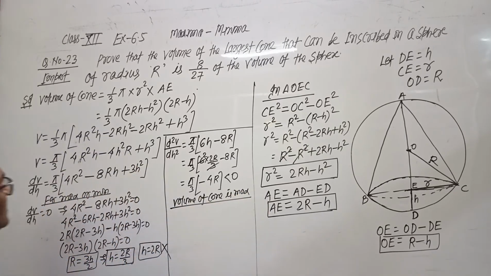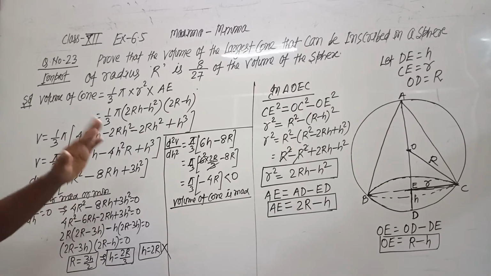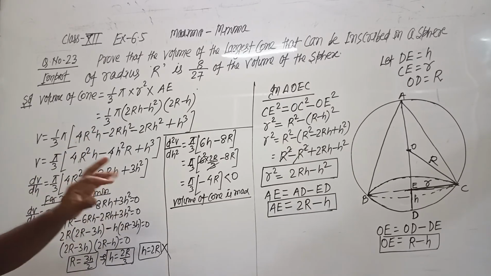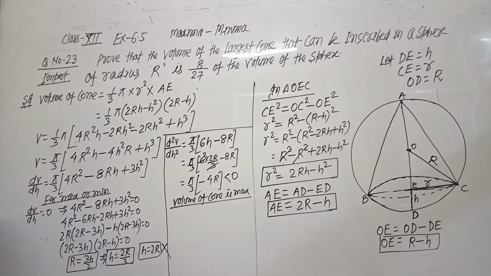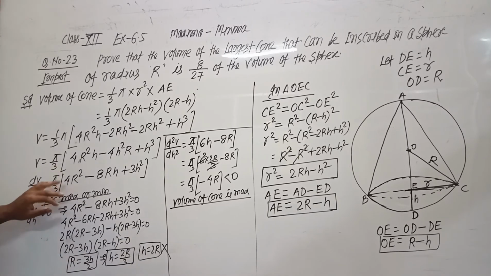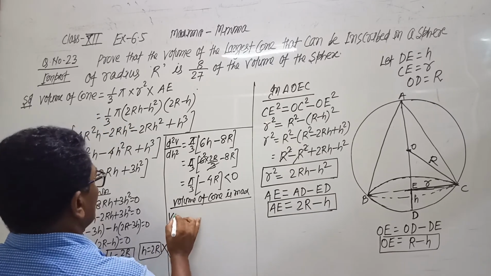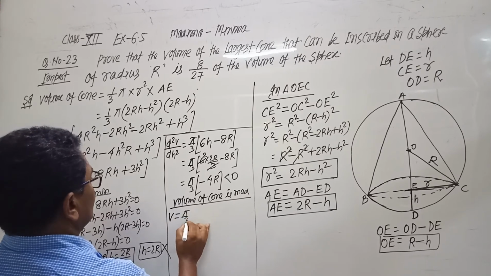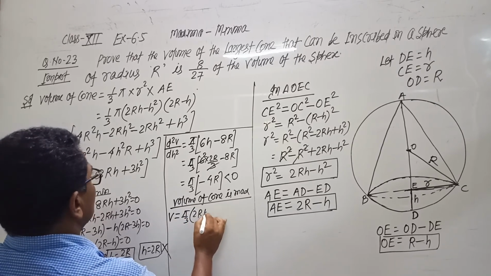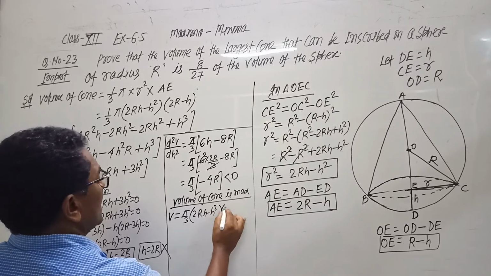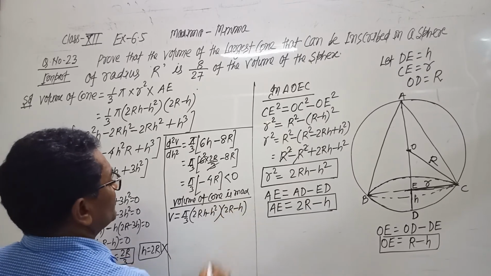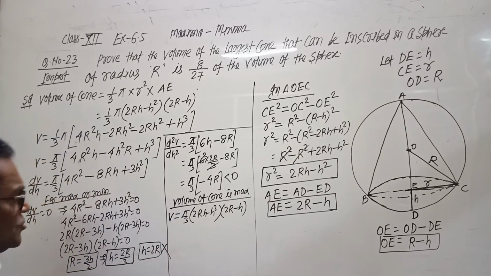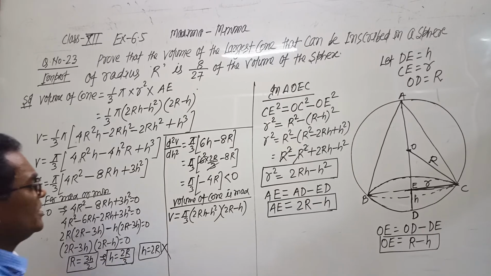Now we have to show that the volume of the cone is 8 by 27 times the volume of the sphere. The initial formula for the volume of the cone was pi by 3 into 2rh minus h square into 2r minus h. We replace h, whose value is 2r by 3.